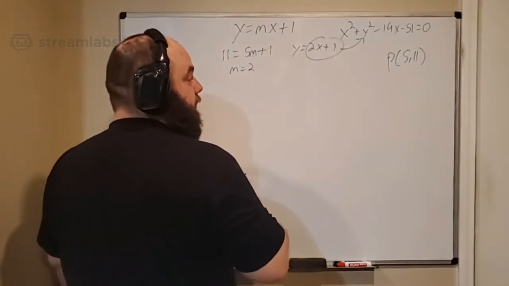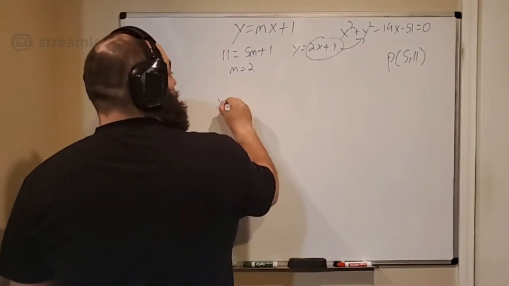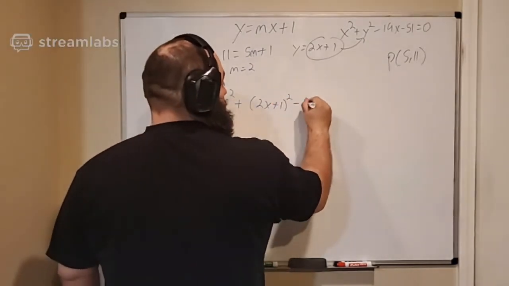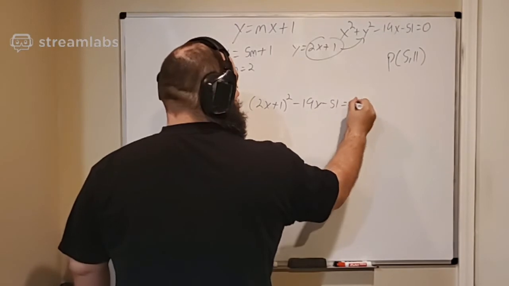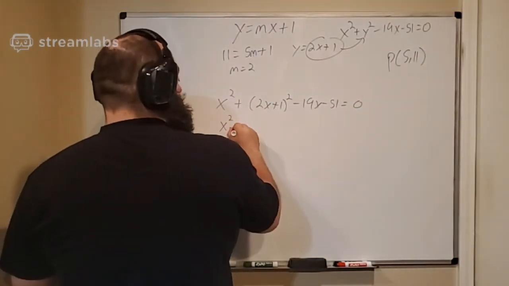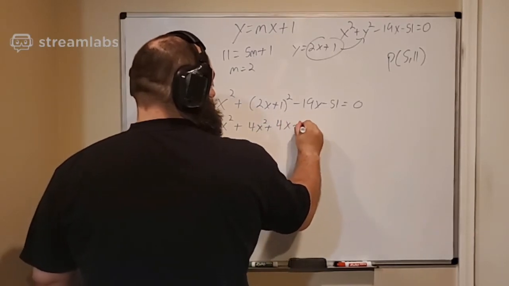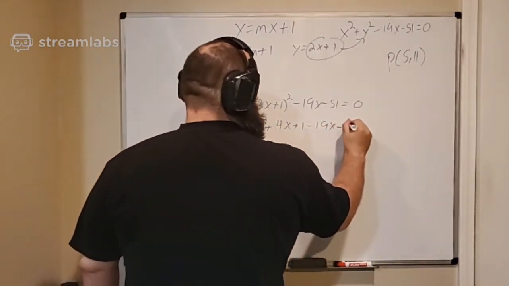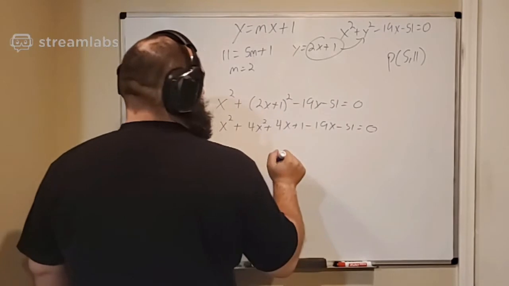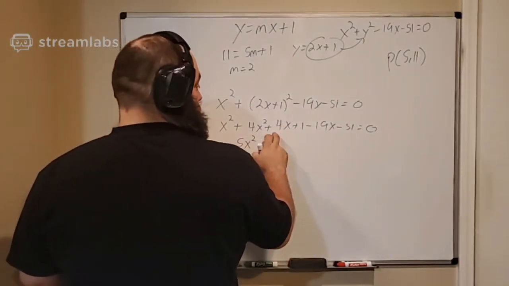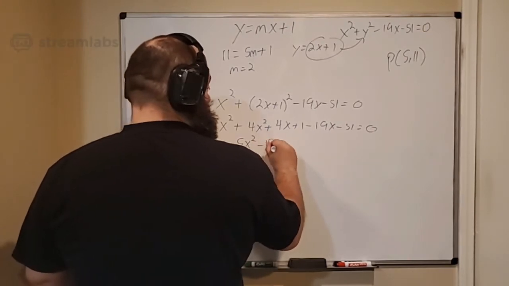So I get x squared plus (2x plus 1) squared, x squared plus 4x^2 plus 4x plus 1. Combine all of my like terms, I get 5x squared minus 15x minus 50 equals 0.